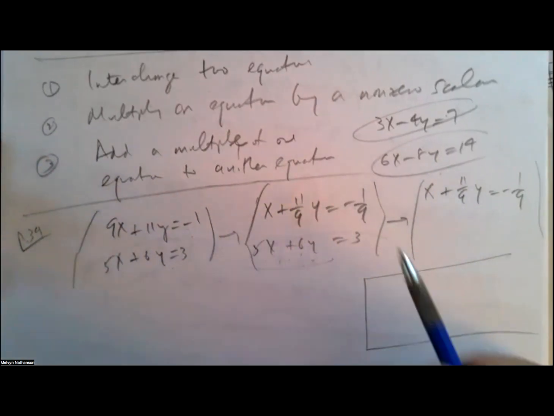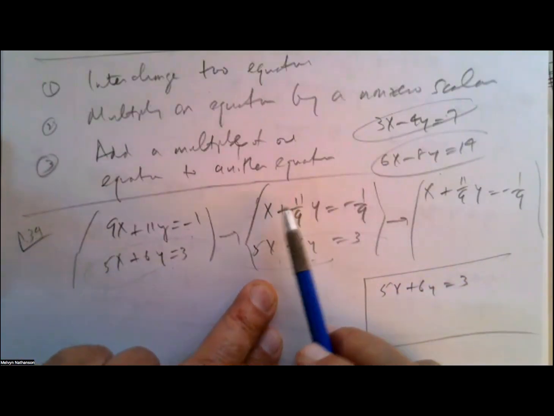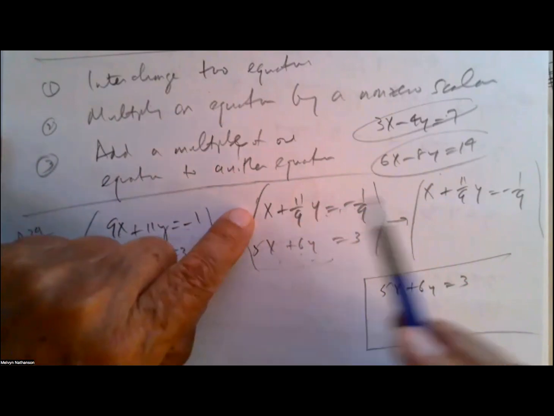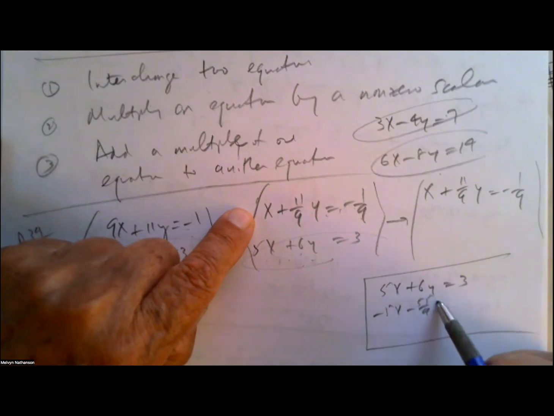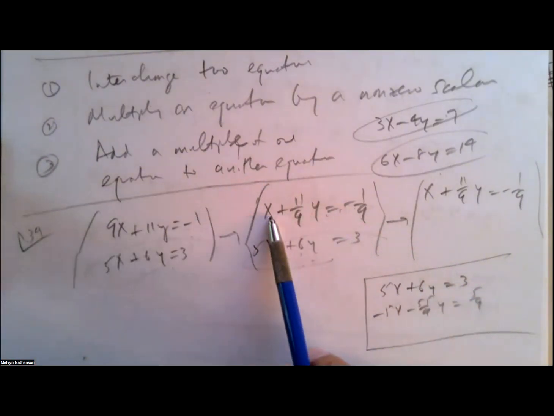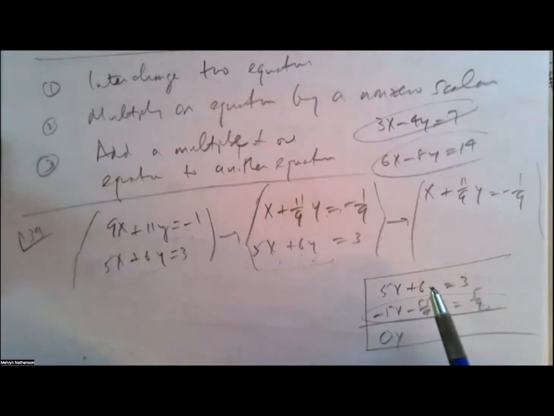So I take the equation 5x plus 6y equals 3. Take the first equation, multiply it by -5. I get -5x minus 55 over 9y equals 5 over 9. Then I'm adding -5 times the first equation to the second. When I add, I get 0 times x. 6 minus 55 over 9 is -1 over 9y.